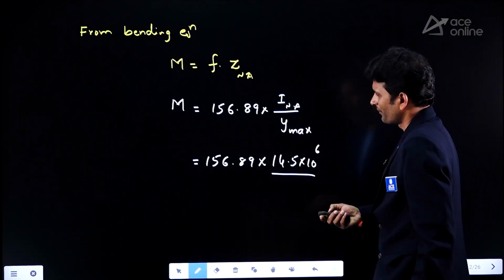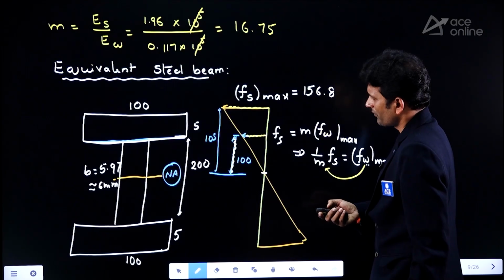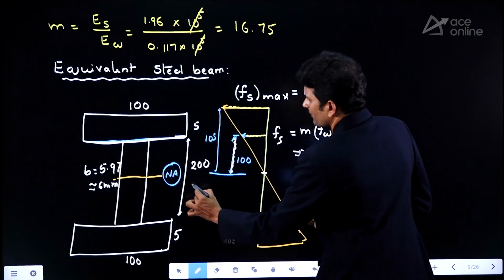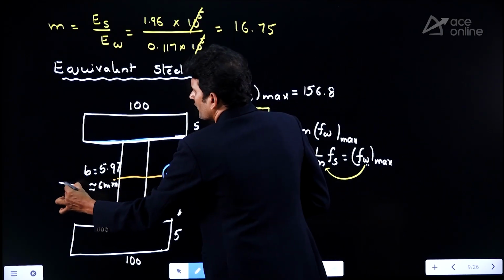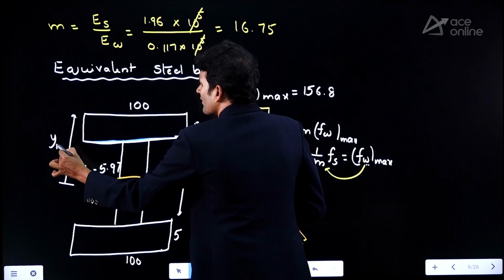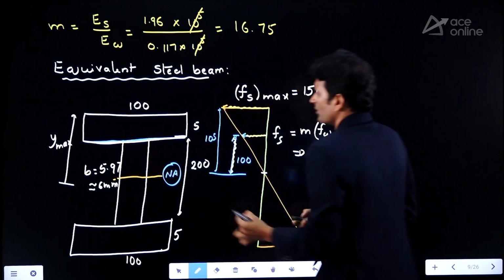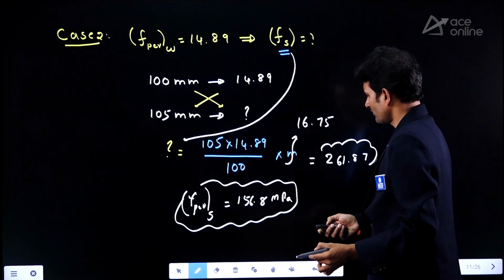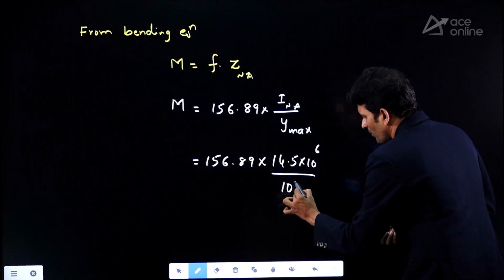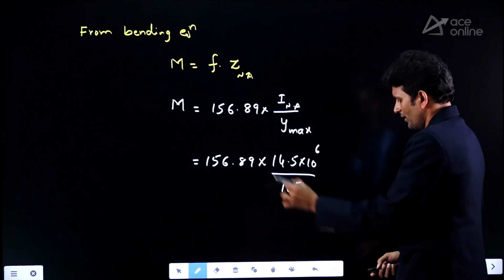Y max is 105. From here to here, this is Y max for the given section. So it is 105.